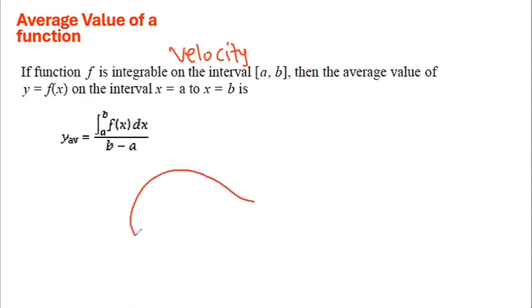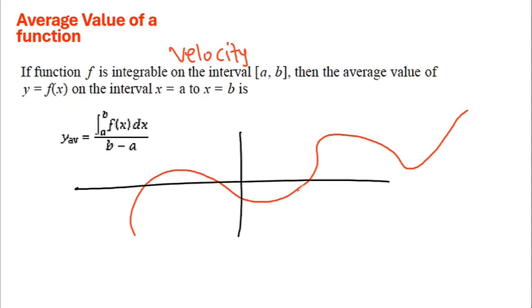So say that your function has lots of ups and downs, and you're looking at some interval, say from here to here, 1 to 5, for example. We're not looking at the area anymore. We're just looking at this portion of the curve from 1 to 5.